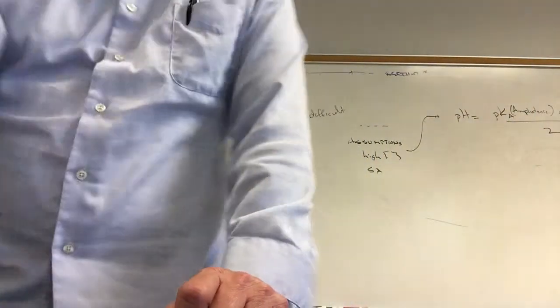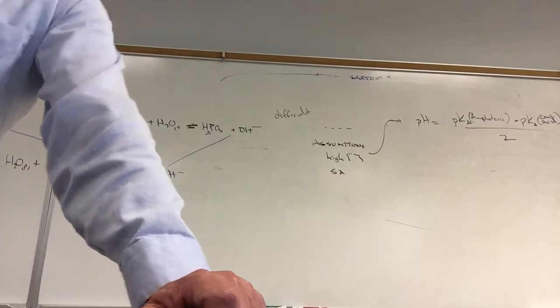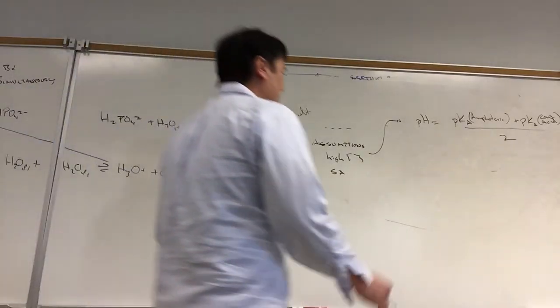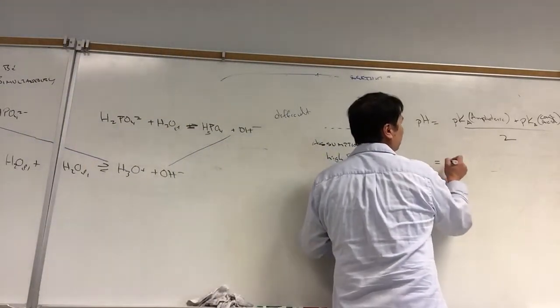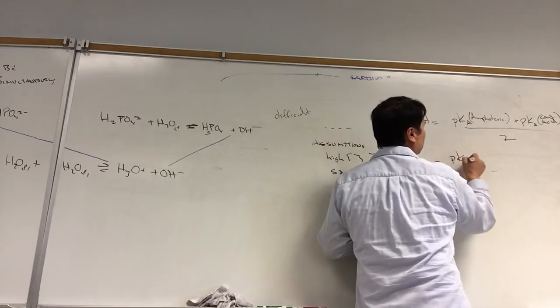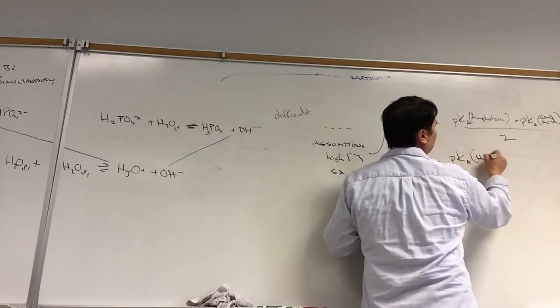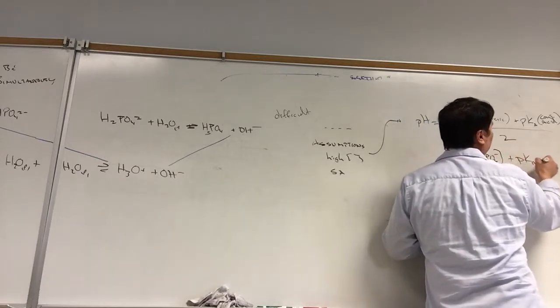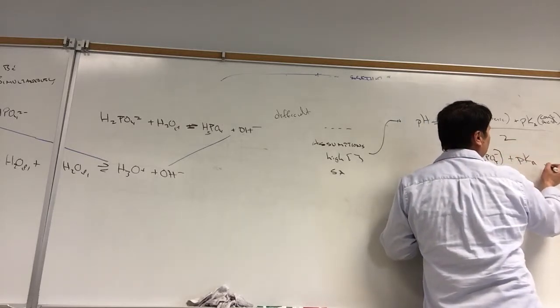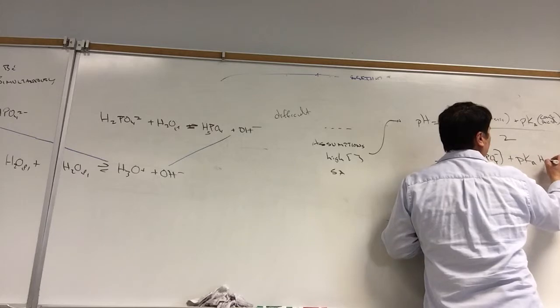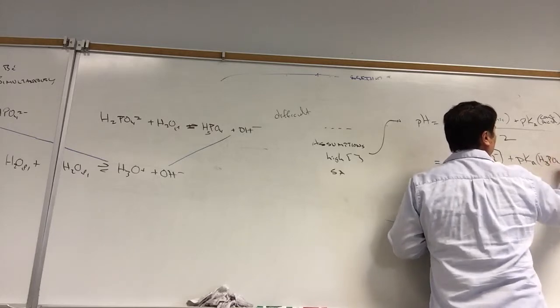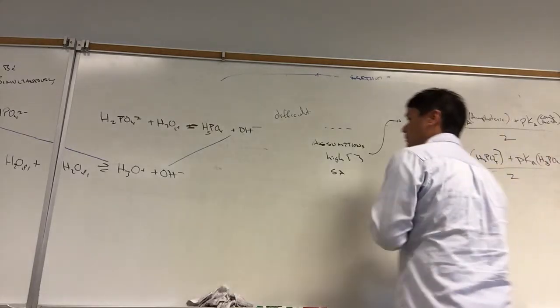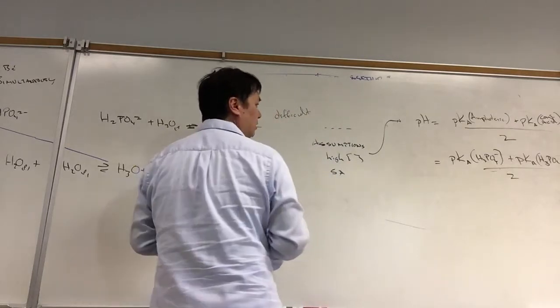So we aren't actually going to figure out the inventory of this. We're just going to do this. And so actually this problem is not that difficult. It's going to be the pKa for H2PO4 minus plus the pKa for the conjugate acid of H2PO4 minus, H3PO4, divided by 2. And so all we have to do is calculate the pKa.